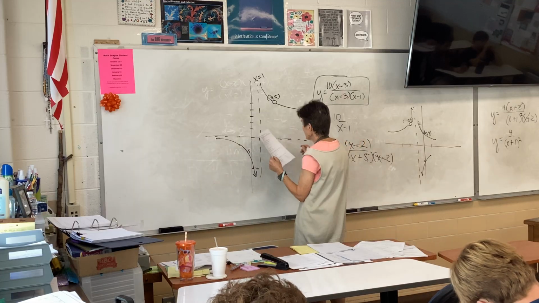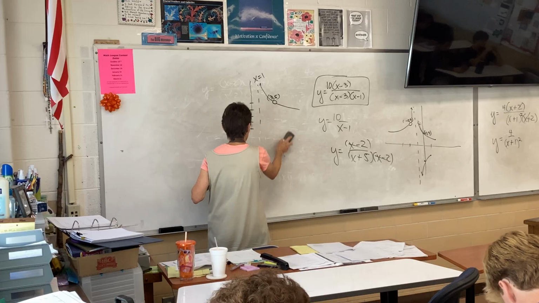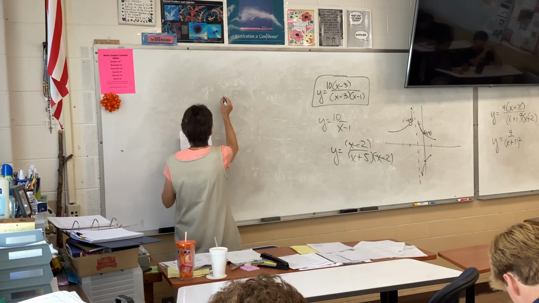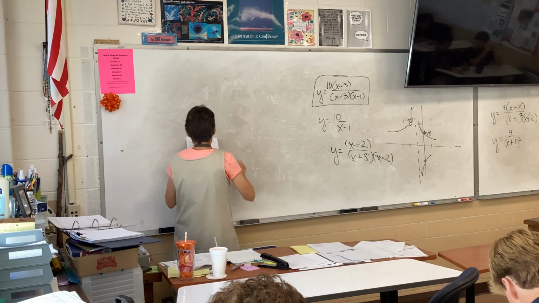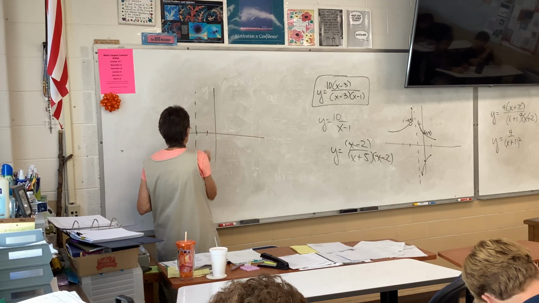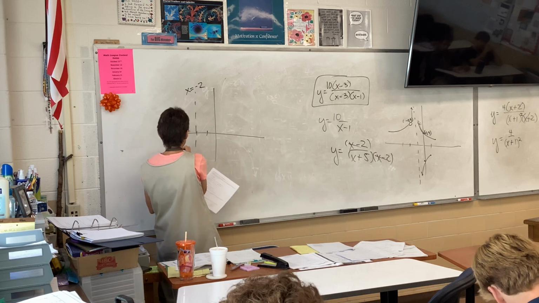If we know that function k, whatever it is, has a vertical asymptote at x = -2, and it has a horizontal asymptote also at y = -2.